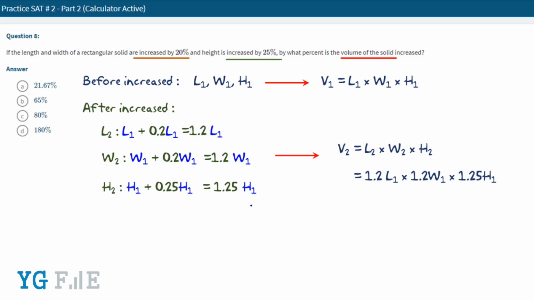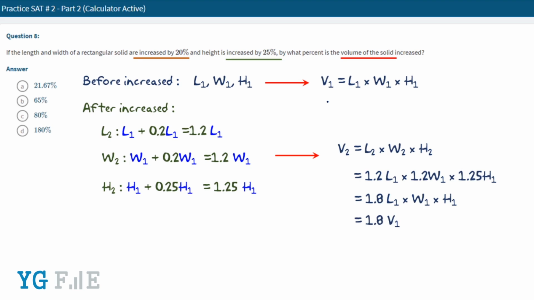So we have this expression, and we can simplify it as 1.8 times L1 times W1 times H1. And we can clearly see here that this product is equal to the volume of the solid before it is increased, or equal to V1. So we can simplify it as 1.8 times V1.